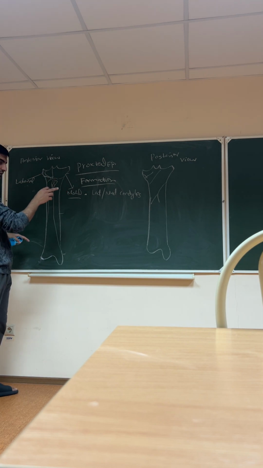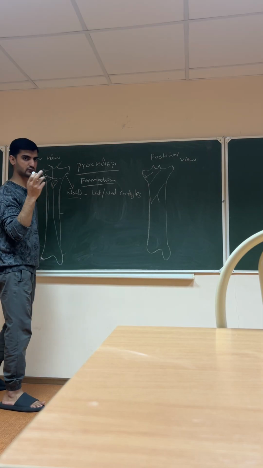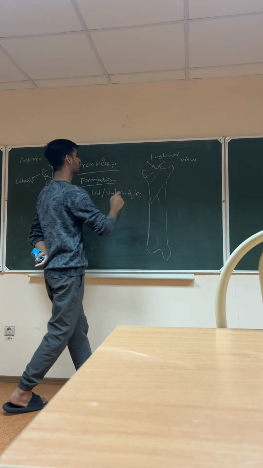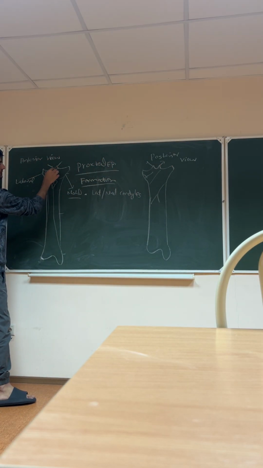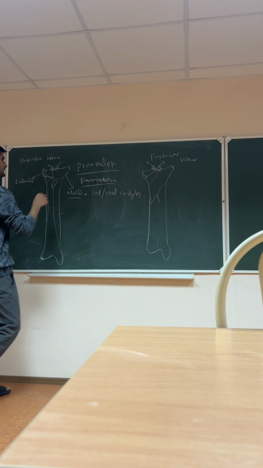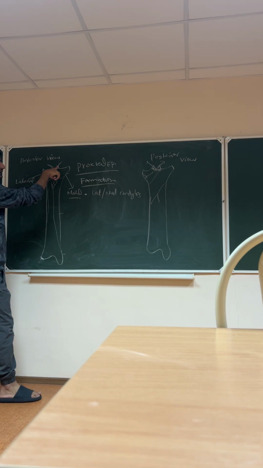Second, this region is the intercondylar region, the intercondylar fossa. This is the posterior and this is the anterior. Here we have the intercondylar tubercles, and between them we have the eminence. This is the lateral side and this is the medial side.